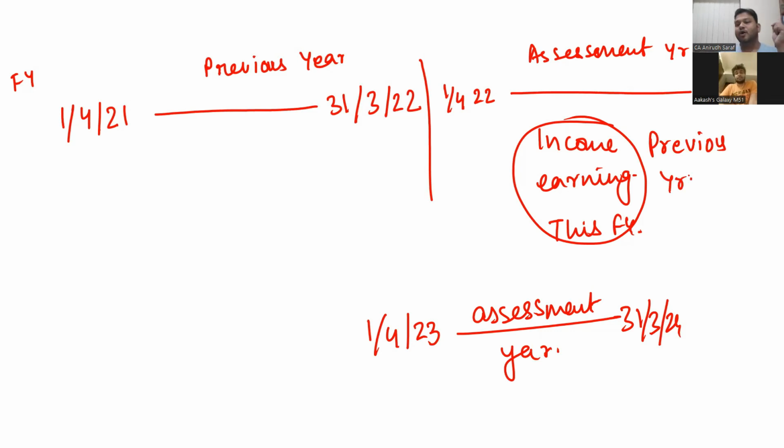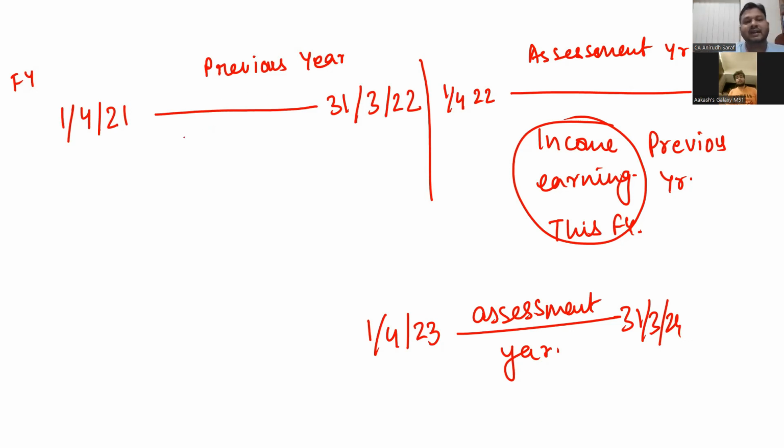So actually, every financial year is a previous year and also an assessment year. The new income which you're earning in the assessment year, that is a previous year. Every year, whatever income you are earning, the assessment will happen next year.